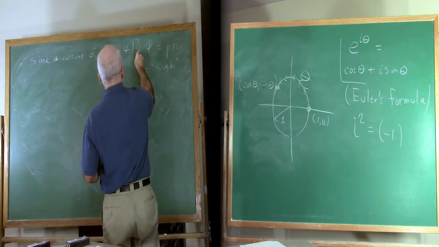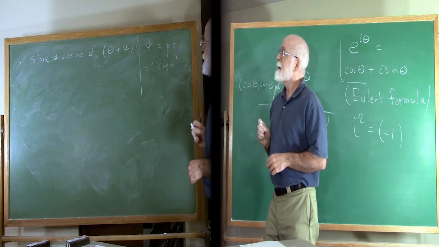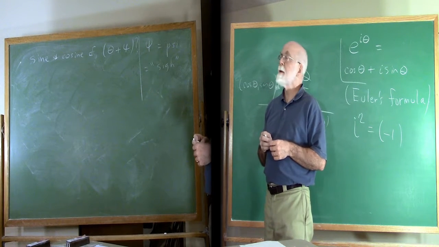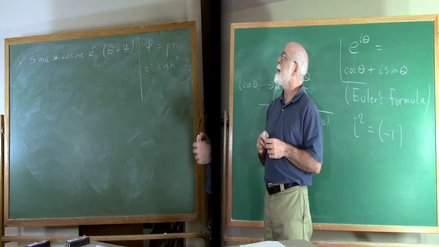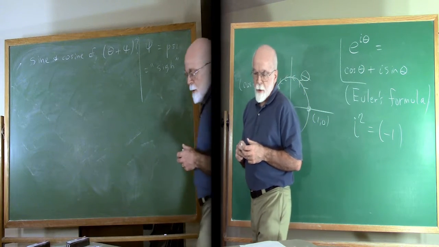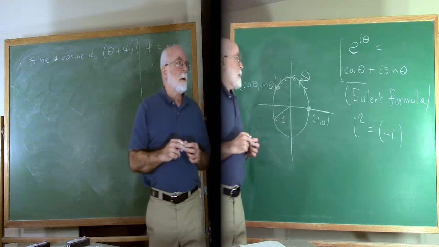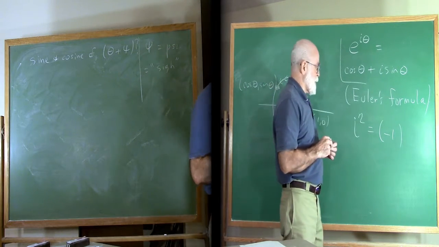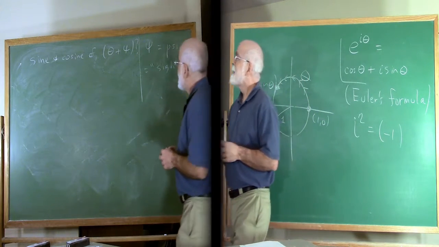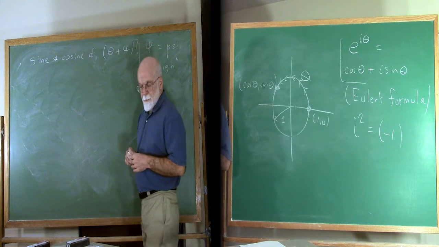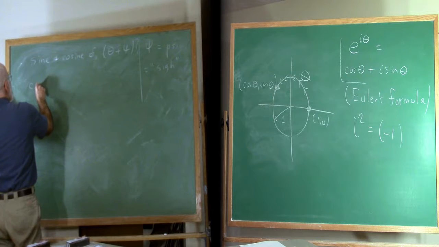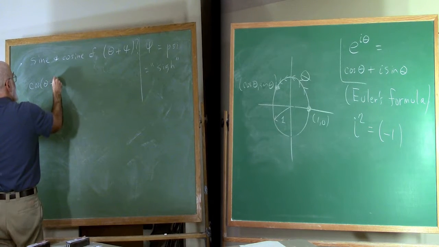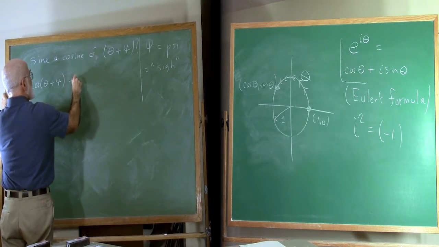I better put a question mark here, because we never know. Perhaps we'll fail to get anything. Let's be humble right from the beginning. Here I definitely prefer Euler's formula, applied to theta plus psi.